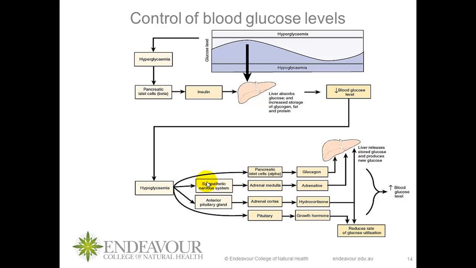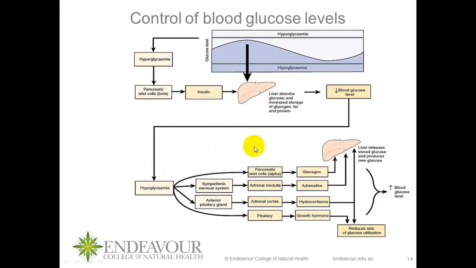So if suddenly the roof fell in where you're sitting there reading the computer, there would be a sudden release of adrenaline from your adrenal medulla, and one of the effects it would have on your liver is to lead to a sudden burst of glucose available for you to use in your brain to process what actions you would take, whether that might be fight or flight, but you need glucose to do that fight or flight.